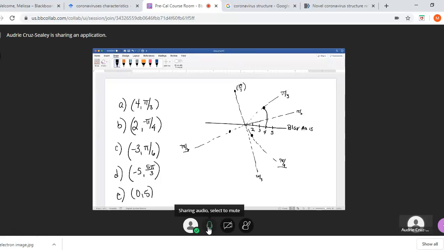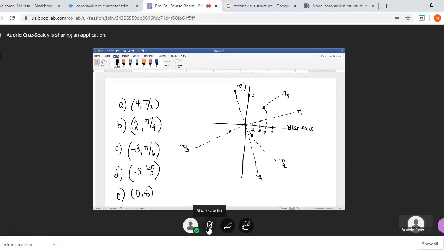I was just thinking about something. It's 0, 5. So 0 tells you your radius. So that means you don't go out. Your radius is 0, but you're still going to travel your angle. So that'd be 0, 5. Pretty sure that's what it is. So I think that's where that would be.